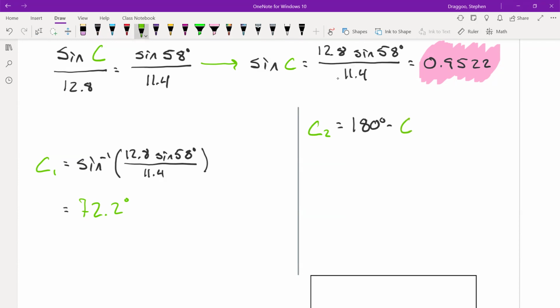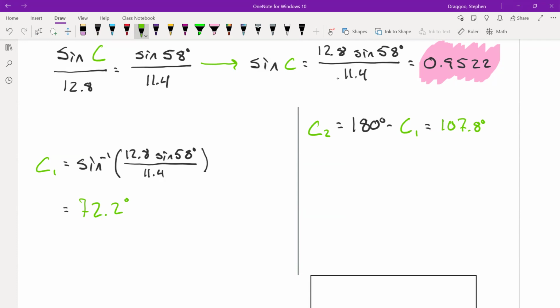Well, let's just call it in general: C2 is just 180 minus C1, or 180 minus 72.2, which is 107.8. So those are my two starting points for the two different triangles. I'll have to use the given information along with whichever label of C I've got to solve the remaining pieces.